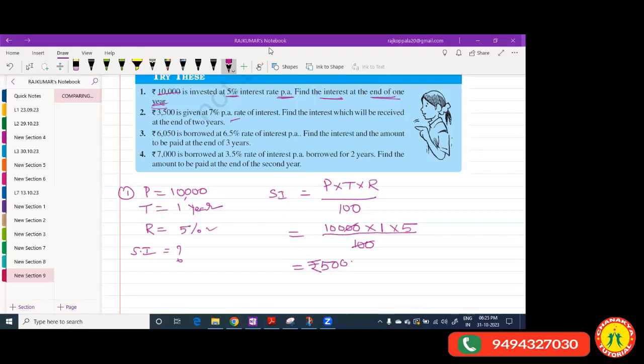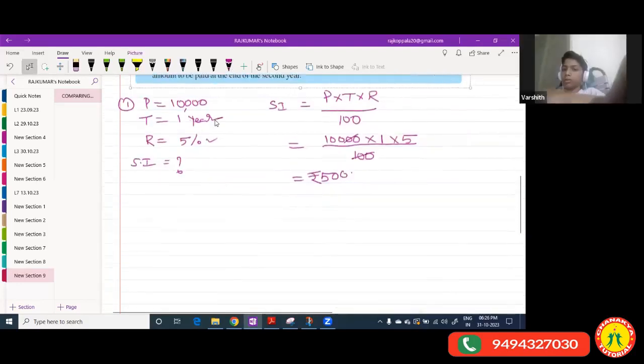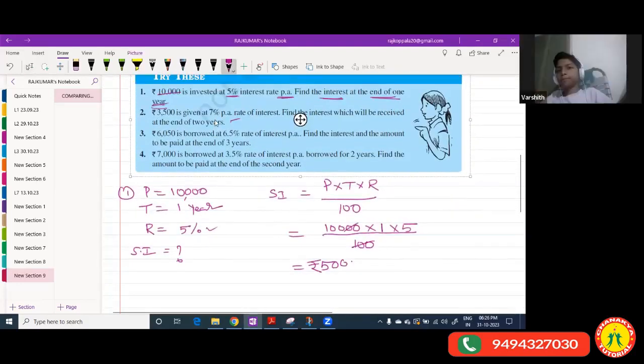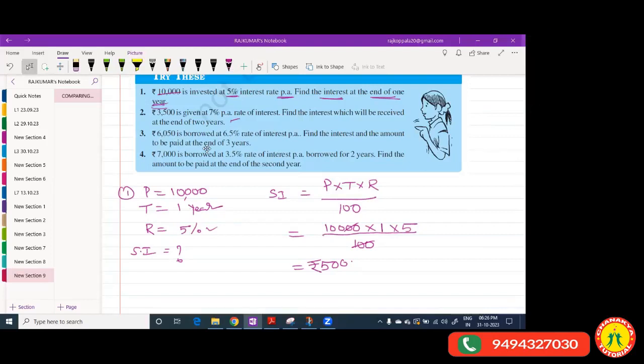Second one solve. Same like that only. What is changed here? At the end of the 2 years.